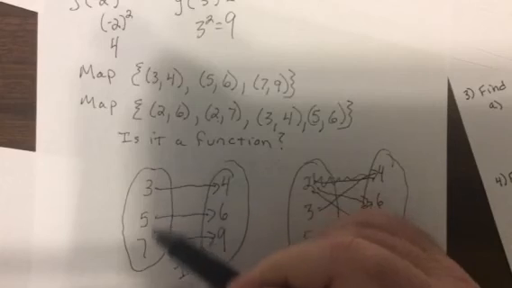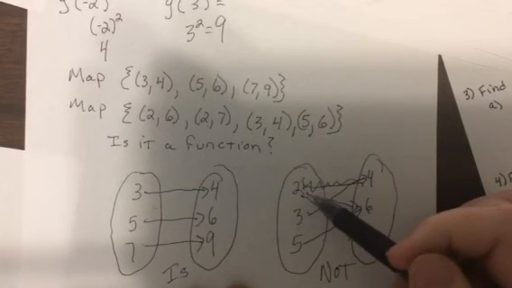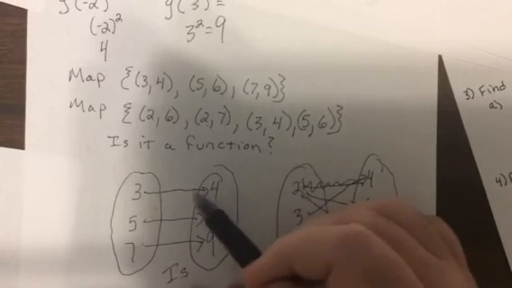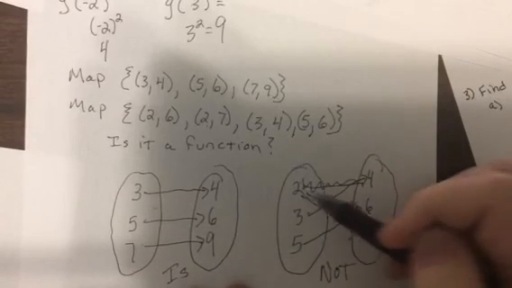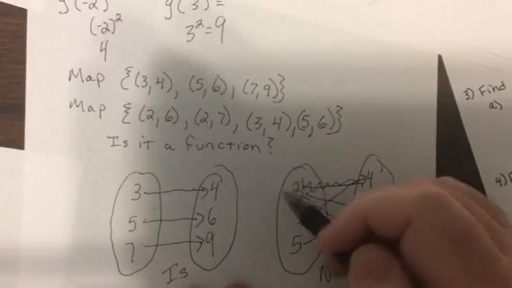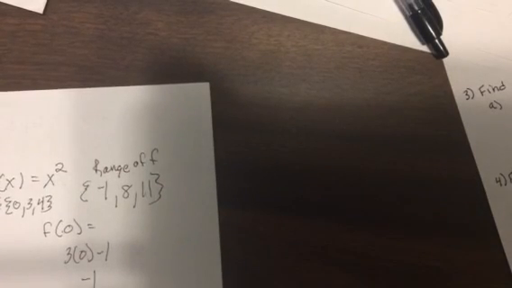So this one has more than 1, not a function. This one has more than 1, not a function. So this only has 1, 1, 1, is a function. This one, 1, 2, oop, right away, not a function. If this has 2 arrows with it. Okay, good deal. Let's continue Lucille.